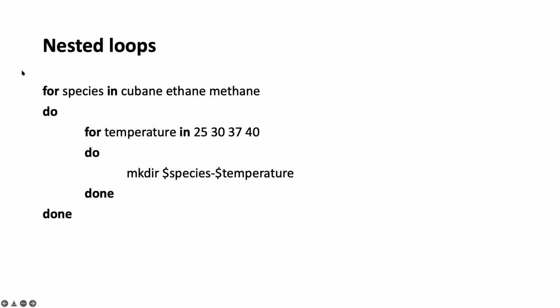So you're looping through the name of the species, but in each occurrence, you also want to do another for loop, creating directories of the species name and all the temperature degrees, 25, 30, 37, and 40. And then you're done. And then you say done for this for loop and done for the other for loop. Yeah.